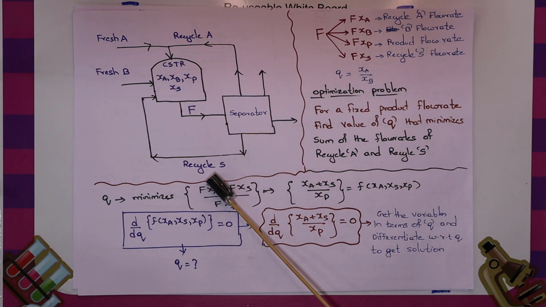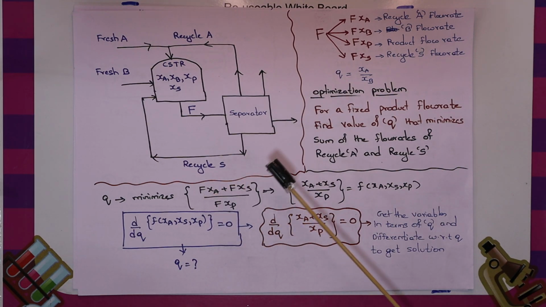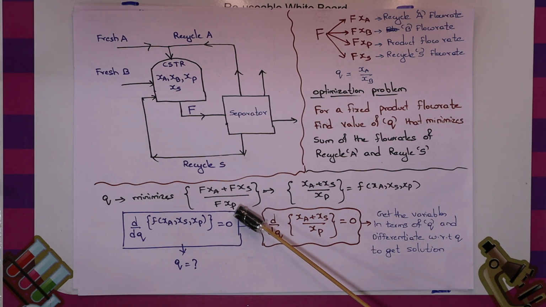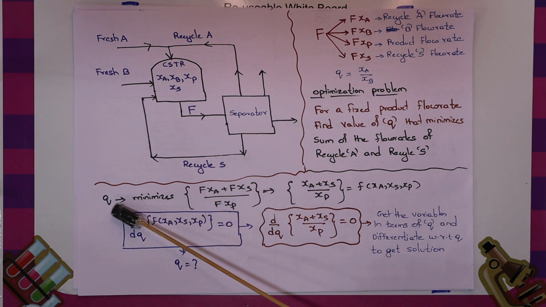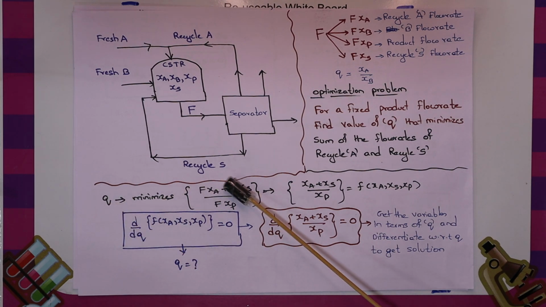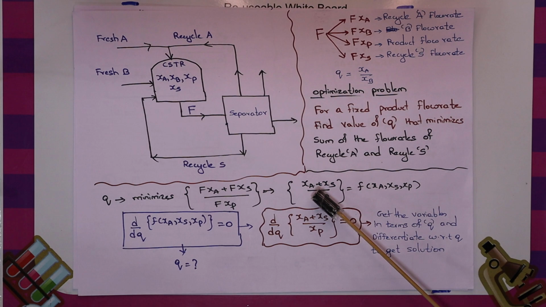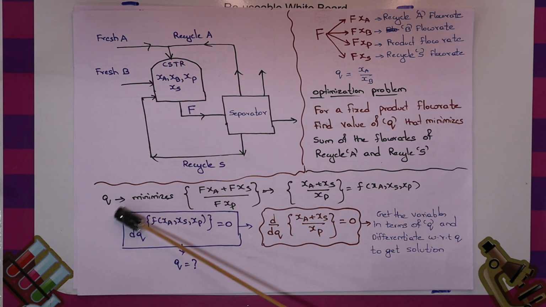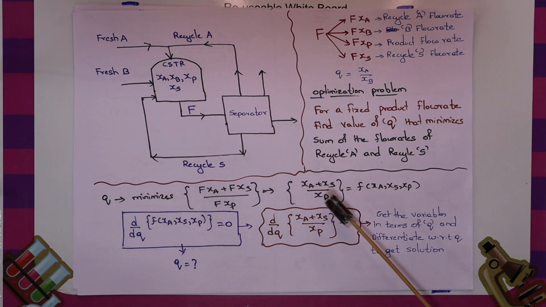The total flow rate of recycle A plus recycle S is F into XA plus F into XS. For a fixed flow rate, you have to somehow minimize the recycle A and recycle S by using Q. By managing Q, you somehow minimize this particular term, and this transforms to (XA plus XS) by XP. That means if you, using the value of Q, can optimize this particular term, then that will be the solution.